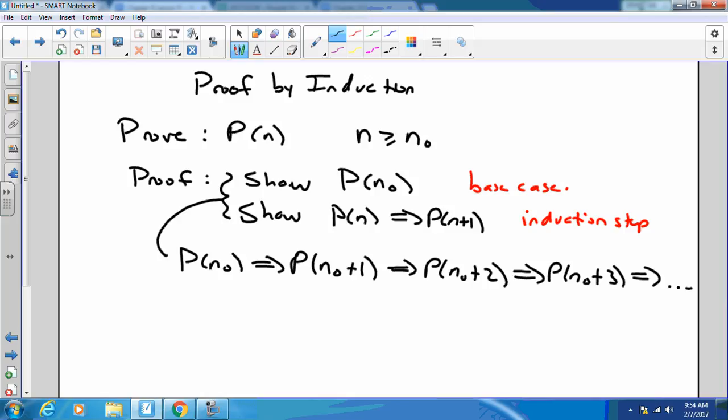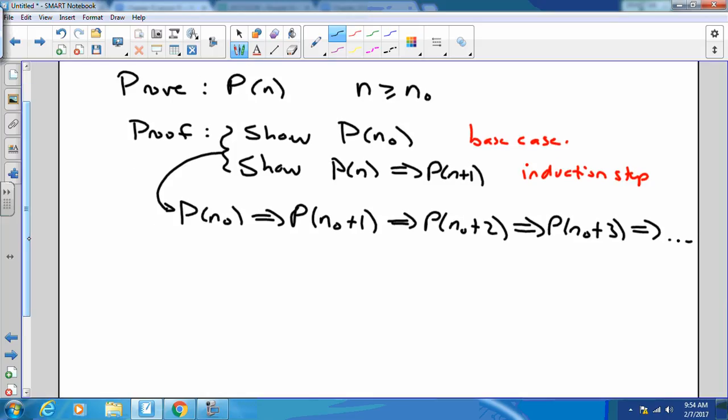So these two things together get me to here. Well, it turns out that recursive sequences are really tailor-made for proof by induction. Let me show you what I mean.